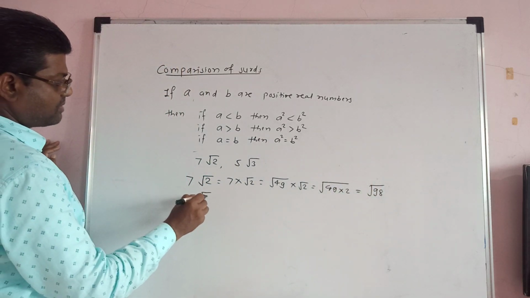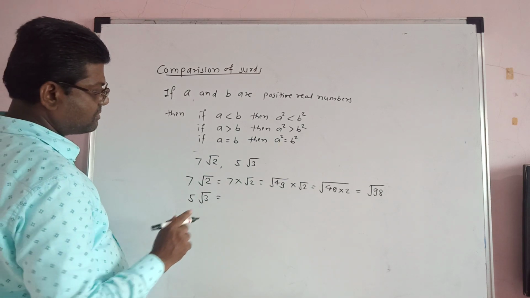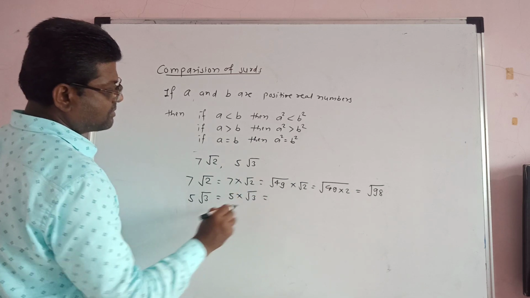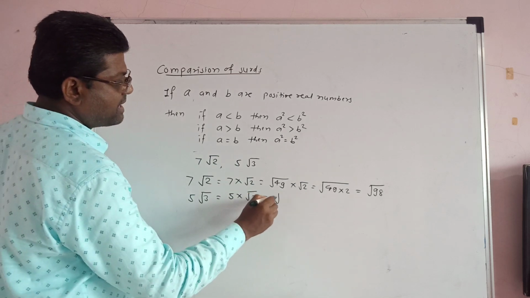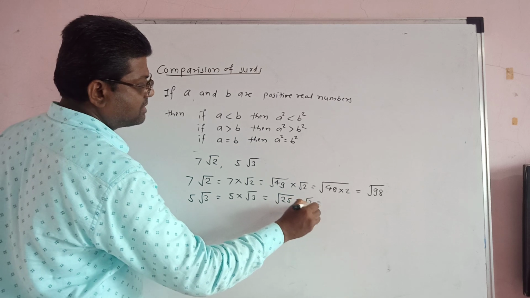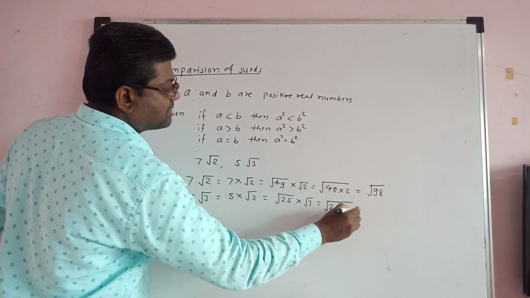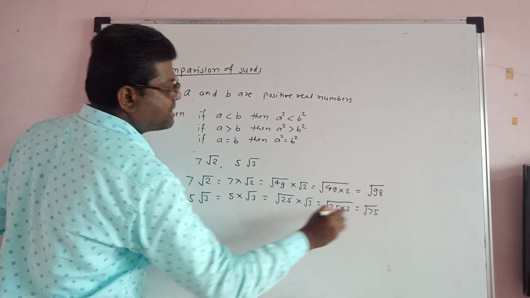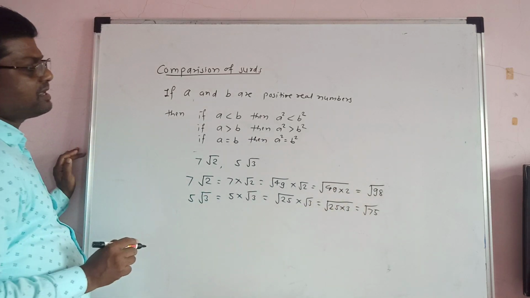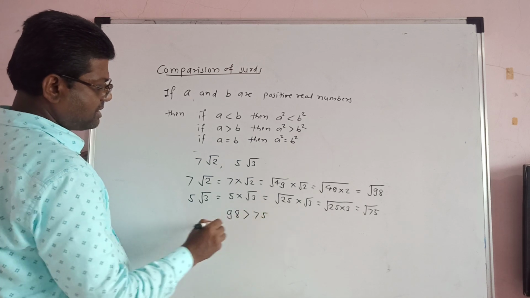Now 5 root 3 is equal to 5 into root 3. This 5 can be written as the square root of 25, so it is root 25 into root 3, which is the square root of 25 into 3, which is root 75. Now let us compare 98 and 75. 98 is greater than 75.